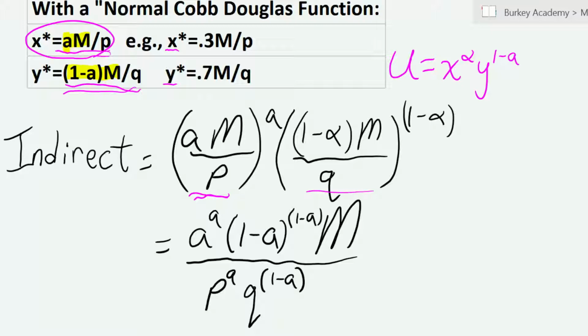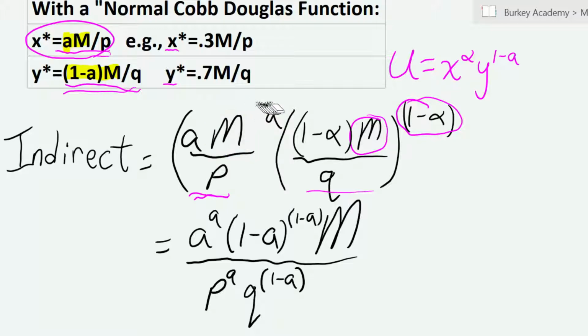Now it's important to see that there's a good simplification you can do here. If we group this M to the A and this M to the 1 minus A, we can distribute these exponents. Since everything is multiplied or divided in here, we can distribute the exponents to everything on the inside.